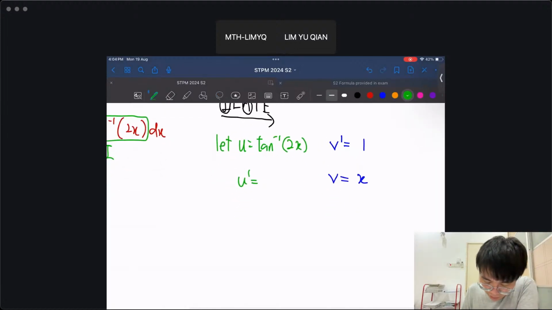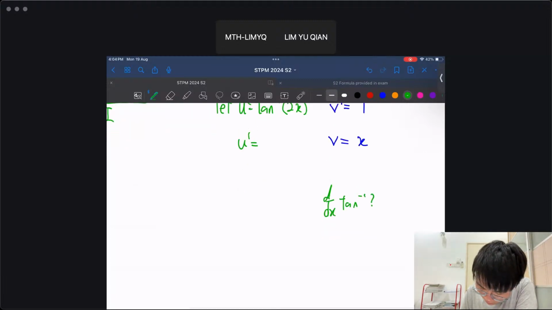Okay, if you use what is in the formula, or let me tell you, if you have the differentiation of arctangent of a question mark, it is equal to 1 over 1 plus the question mark squared, multiplied by the differentiation of the question mark. So there are two parts.